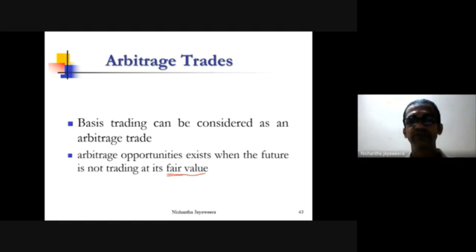Then we can do a few trades and make a profit. The same concept applies here as we discussed in the foreign exchange market. You might remember in the foreign exchange market, we explored these arbitrage opportunities with the forward contracts. What is the market forward price and what is the implied forward price? If there's any difference, we know what to do. The same concept is applied here.